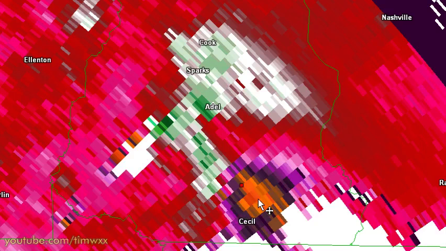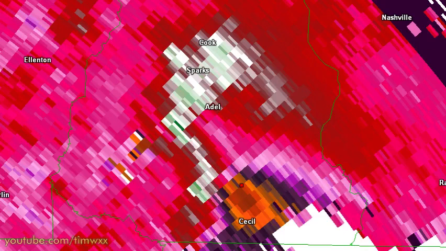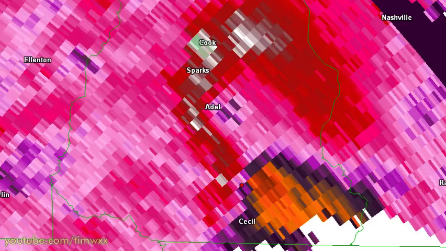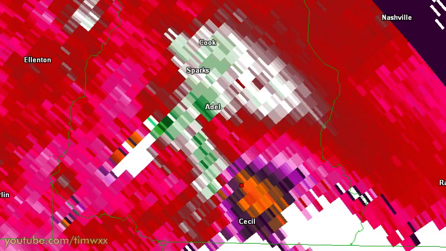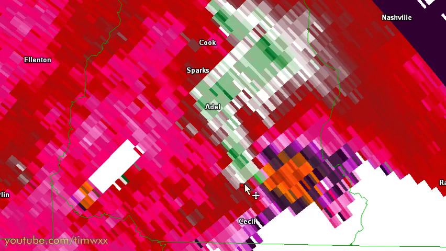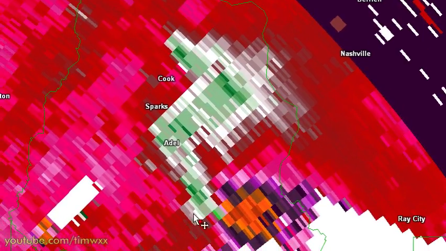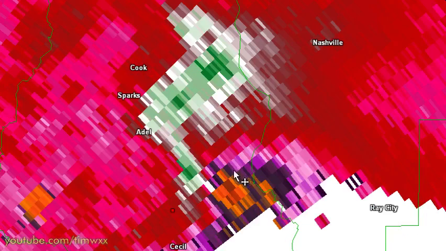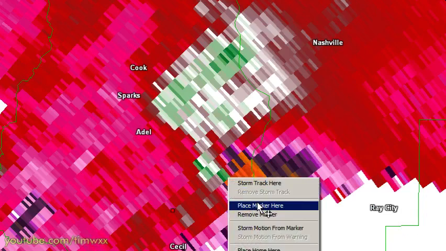So I'm seeing about maybe 70 out and 3 in. Let me check for consistency here. Yeah, definitely seeing consistency there at the higher tilts, and we have time consistency. So that circulation is now set up right there, and we see very strong gate-to-gate shears coming together here.